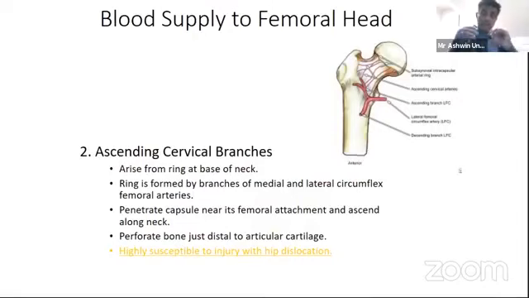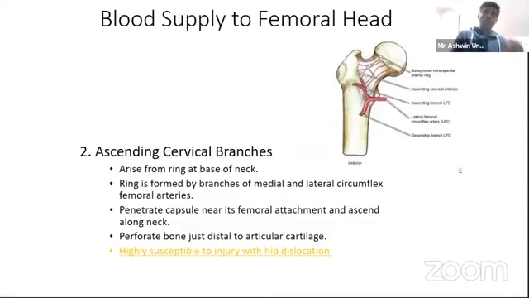And this is the vessel which, when you make a neck cut, you normally protect by putting a Hohmann or a blunt retractor in, and you have to appreciate that this vessel is the most susceptible to injury in a hip dislocation.